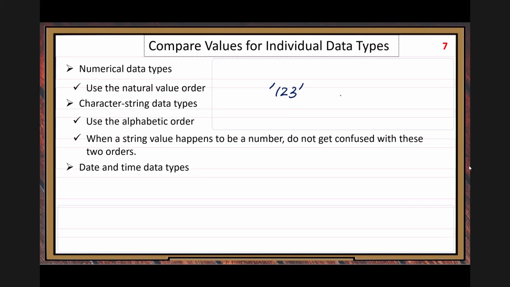But there is another one, 54, only 2 characters. When you do string comparison, 54 is greater than 123, because using the alphabetic order, 5 is greater than 1. So you already determined the order using the first character. You do not use the numerical values 54 and 122. So do not get confused about this part. So that's it.